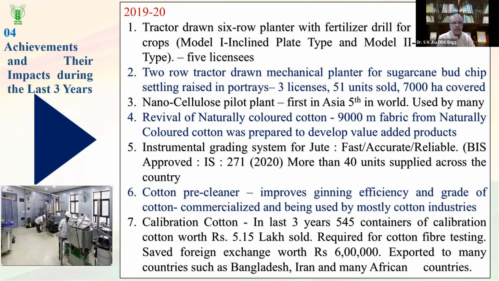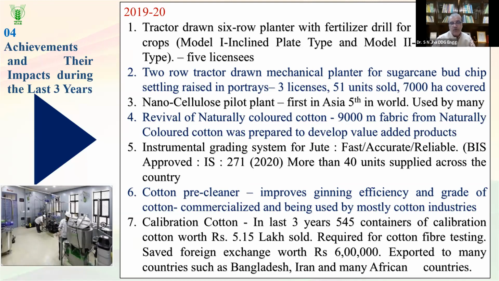Another important one is the cotton pre-cleaner. This is very much required for mechanized harvesting of cotton. It improves ginning efficiency, is commercialized, and is being used by most of the cotton industry throughout the country. One most important development is calibration cotton.